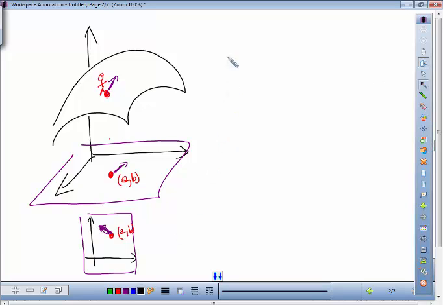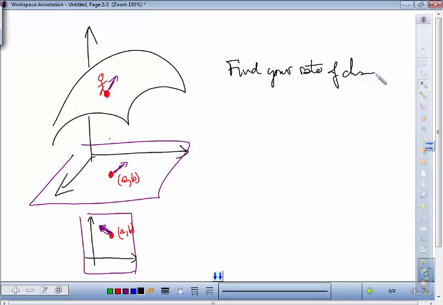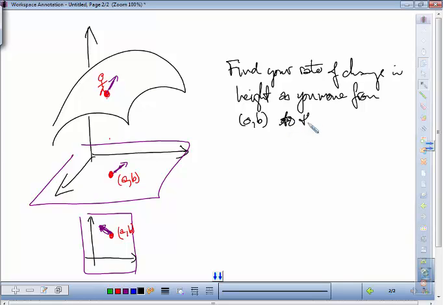So the question that we can come up with is: find your rate of change in height, elevation, as you move from the point (a, b) on the map to the northwest direction.